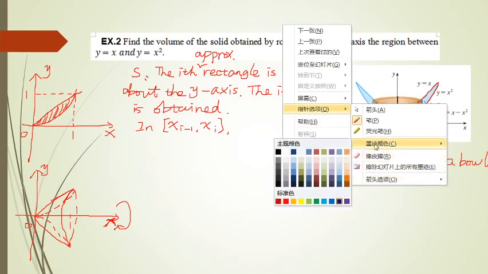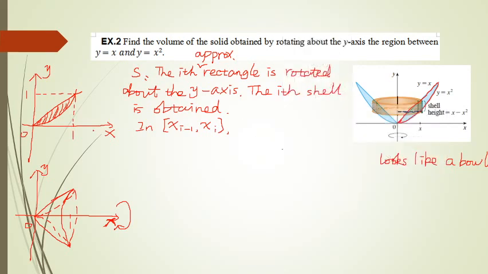We take x_i bar, the average of the inner and outer radius, as the radius r. The circumference of the base circle is 2 pi r, so 2 pi x_i bar.